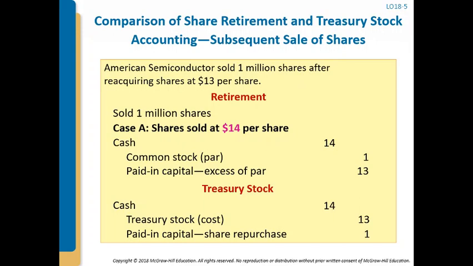The paid in capital excess of par is 13 million, so you debit cash for 14 million. As for treasury stock, you're going to, of course, debit cash. You're going to reduce treasury stock by the 13 million balance that's in there, and then paid in capital share repurchase is going to be the credit for the remainder.